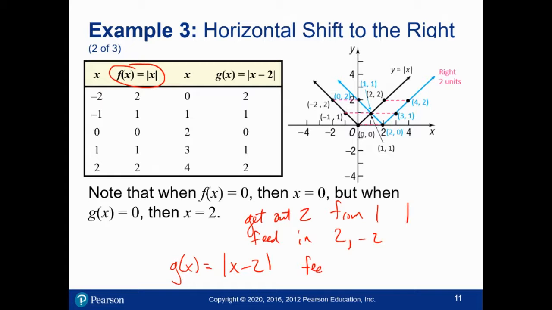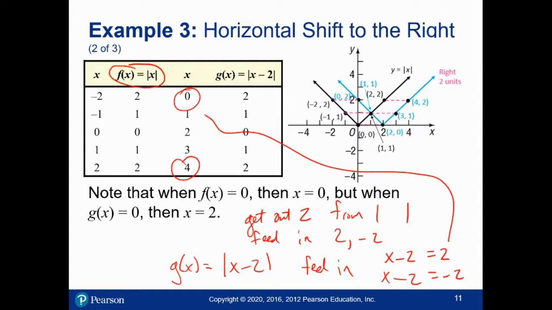So what we need to feed in is x minus 2 needs to equal 2, or x minus 2 needs to equal minus 2. And that's exactly what these points here are. Okay, so in order to get out 2, what do we feed in? 0 or 4. Similarly, in order to get out 1, we need to feed in 1 or 3.